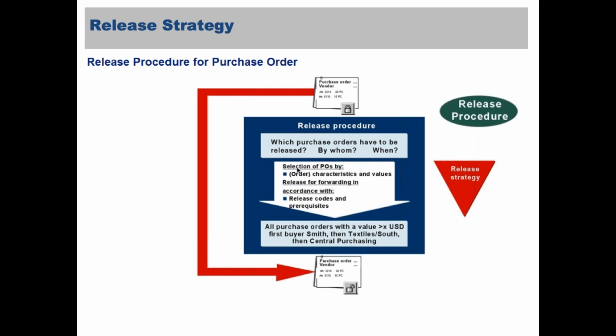So which POs get selected and undergo the release process is based on order characteristics and values, and release or forwarding in accordance with the release codes and prerequisites. First, who should release, second, who should release, and who is the final authority, once he has approved it, the release process has succeeded. So that is what is called prerequisites.